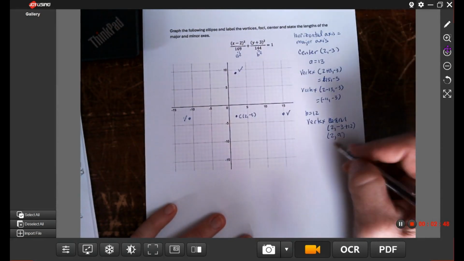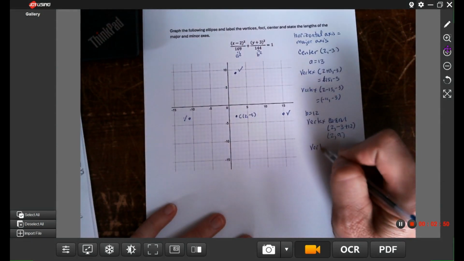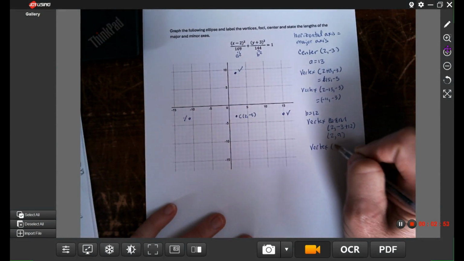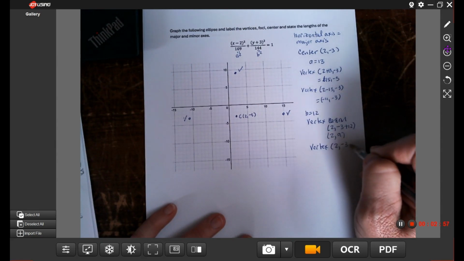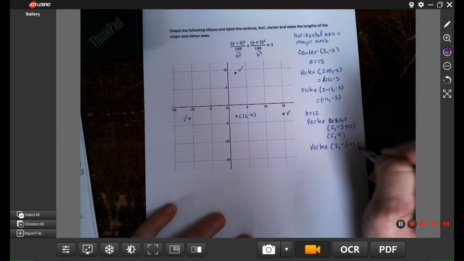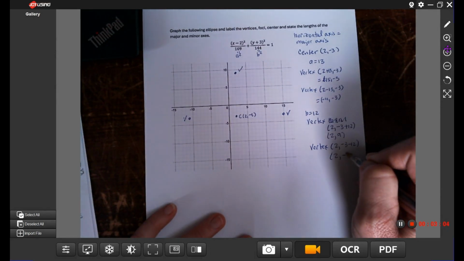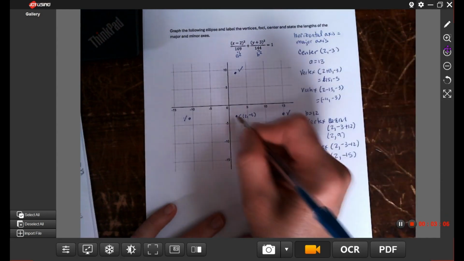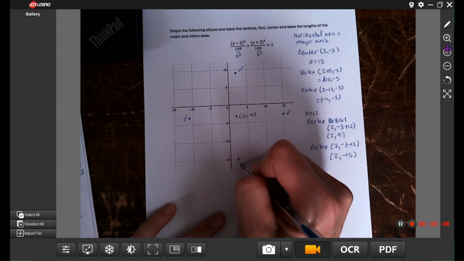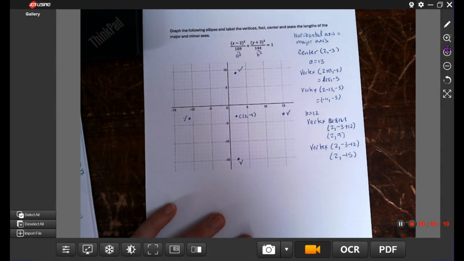So that's a vertex. And then we have another one where we start at the center. We don't move in the x direction, but we take the y and we move it down by b, so down 12. So that would be (2, -15). So that vertex is right here.